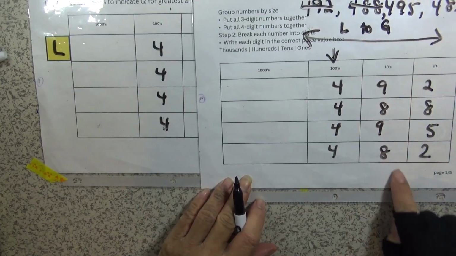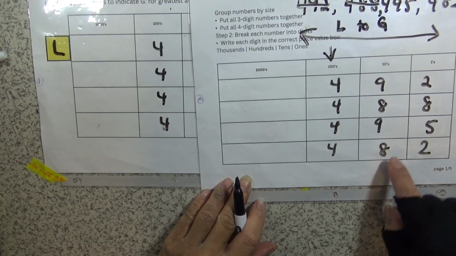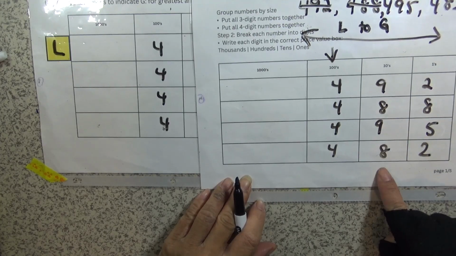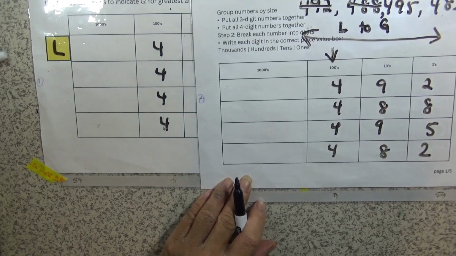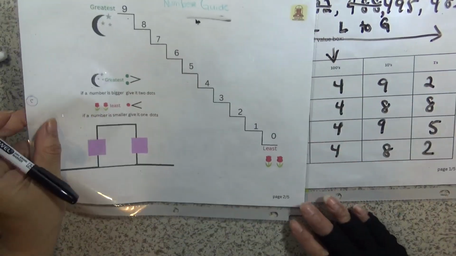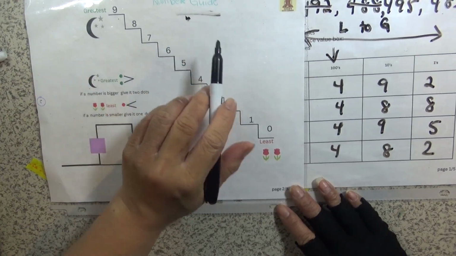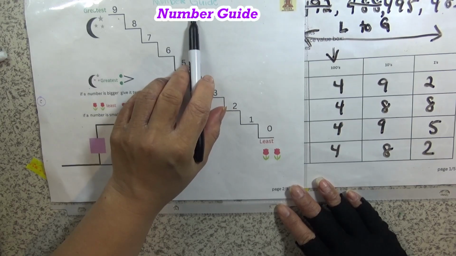Now the next place value that I'm going to look at is the tens place. So I have 9, 8, 9, and 8. Now between these two numbers, who is the smallest? I know that's pretty obvious, but I just want to share this number guide that I created for my daughter.